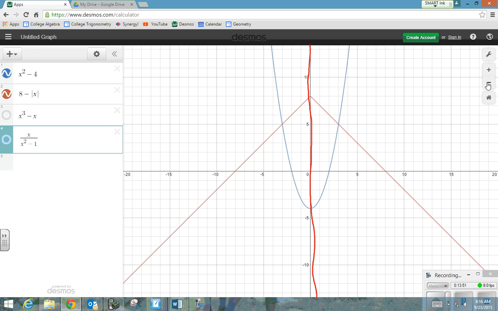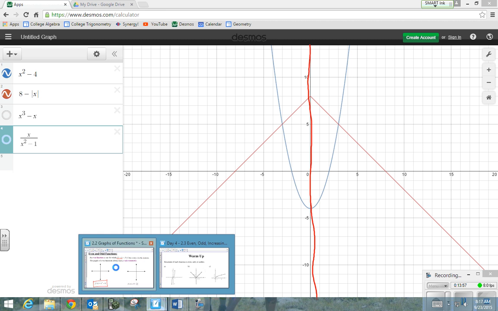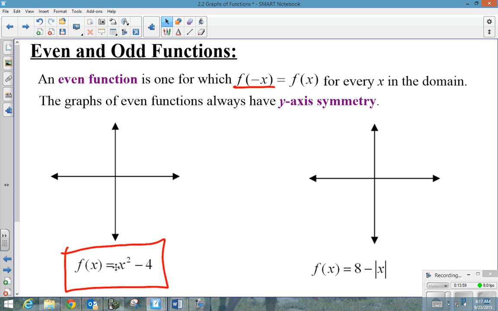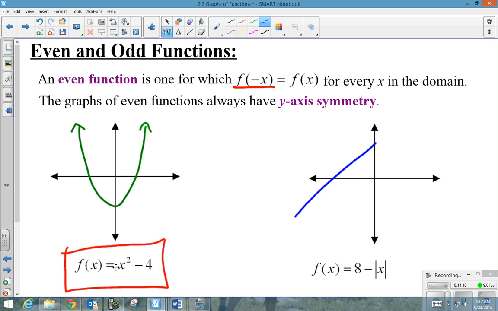So this is what we determine as even type functions: the classic parabola, and then we also have absolute value functions. We are going to call those even functions because they have this line of symmetry here.